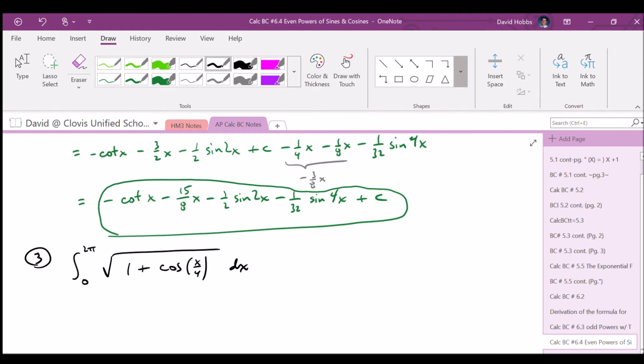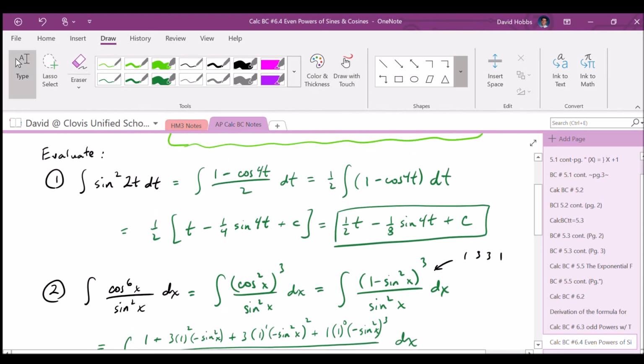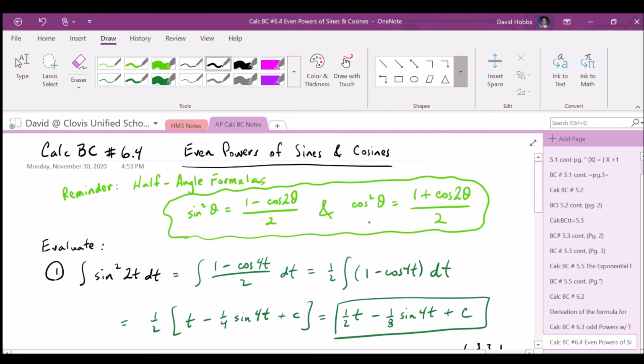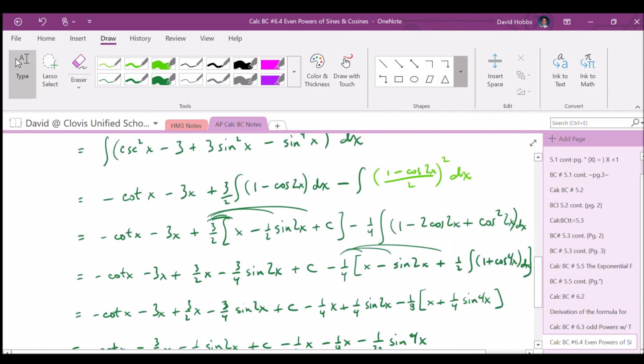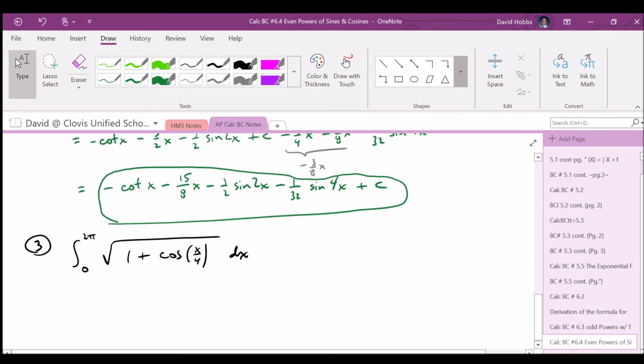Well, this 1 plus cosine of something is kind of reminding me of the half angle formula stuff. It's pretty close to this cosine squared, 1 plus cosine of an angle. All it needs is the over 2. Okay, so I think I want to fix it so that I have over 2.